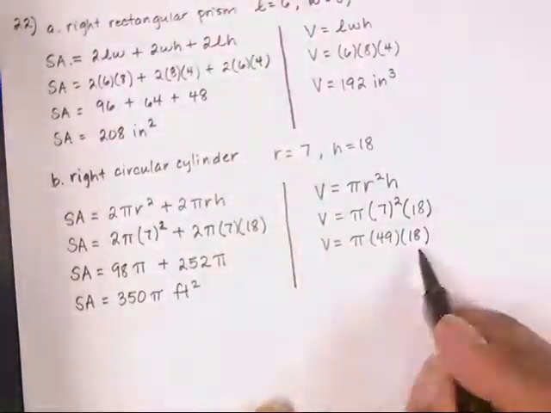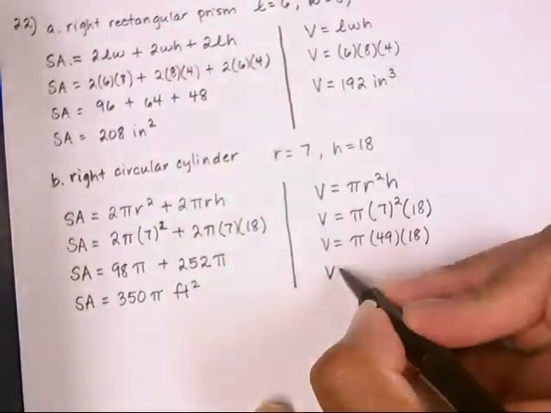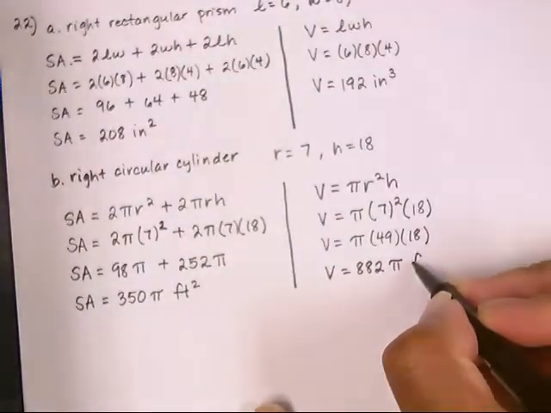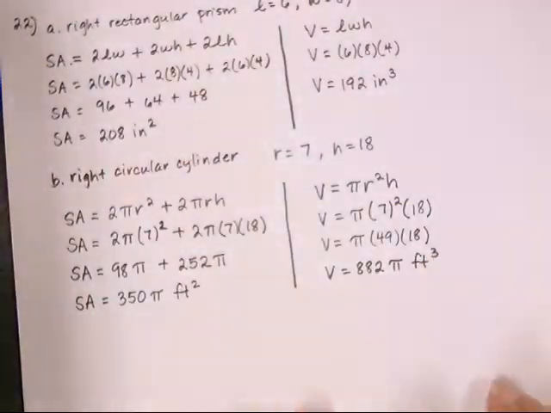And if I multiply 49 times 18, that's going to give me 882 pi. Now we're dealing with volume, so the answer has to be in cubic feet. So 882 pi cubic feet would be the volume of that right circular cylinder. And again, the answer is going to be in terms of pi.